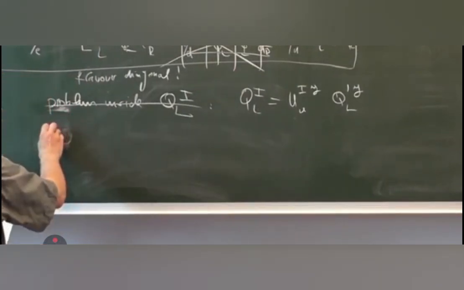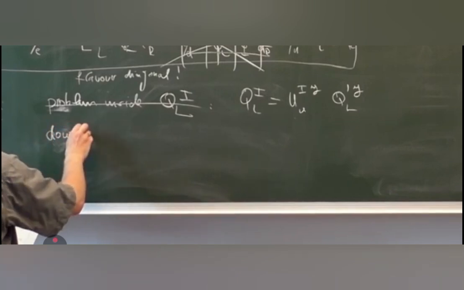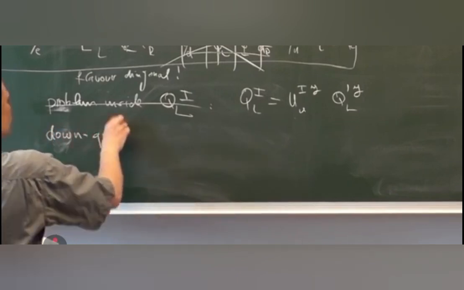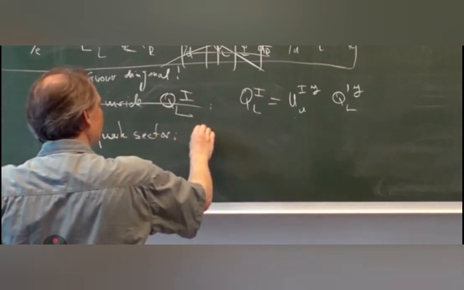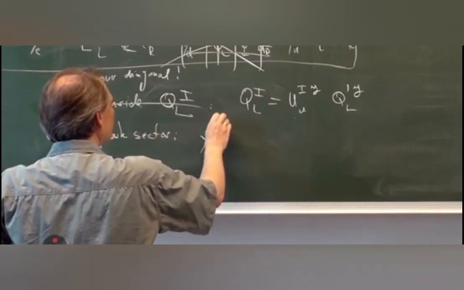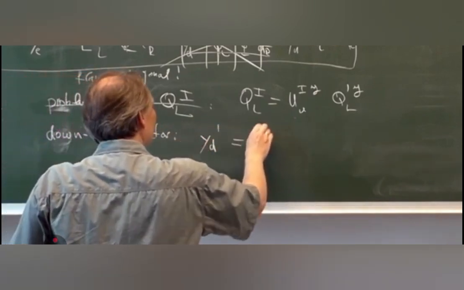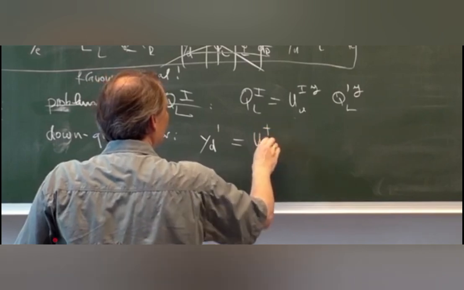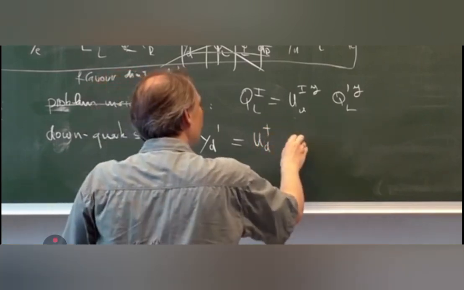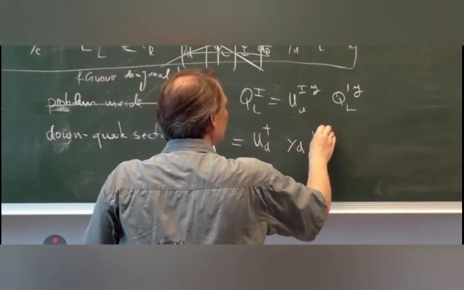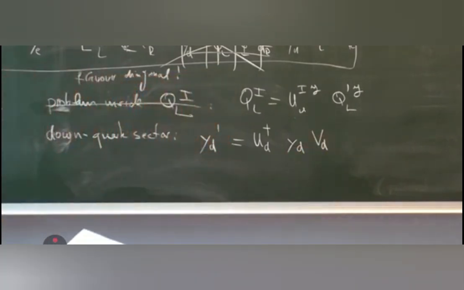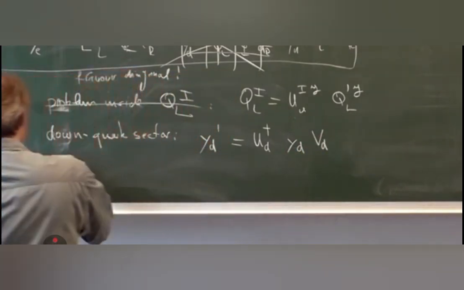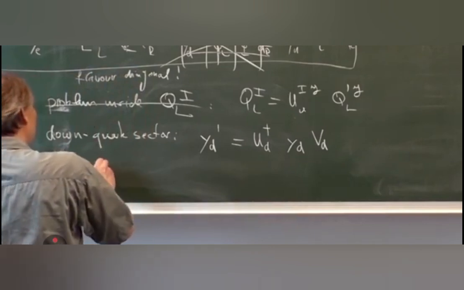So for the down quark sector, we obtain the following. Y_d with prime will be written as U_d dagger times Y_d without prime times V_d. That is the same relationship as for all the other cases. And we define new fields.